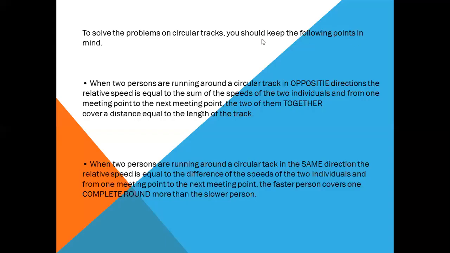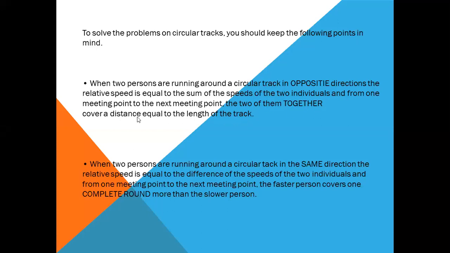When solving problems on a circular track, you should keep the following 2 points in mind. First, when two persons are running around the circular track in opposite directions, the relative speed is equal to the sum of speeds of the two individuals, and from one meeting point to the next, the two of them together cover a distance equal to the length of the track.